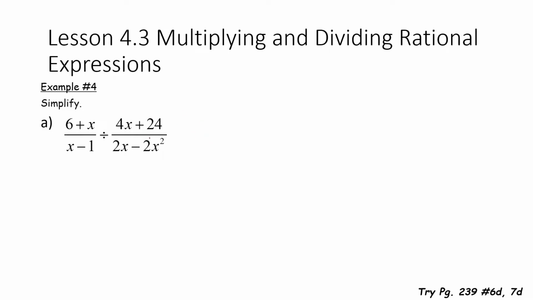Moving on to the next one, so another division. So we're going to flip that fraction as well and multiply straight across. So this turns into 6 plus x times 2x minus 2x squared all over x minus 1 times 4x plus 24.